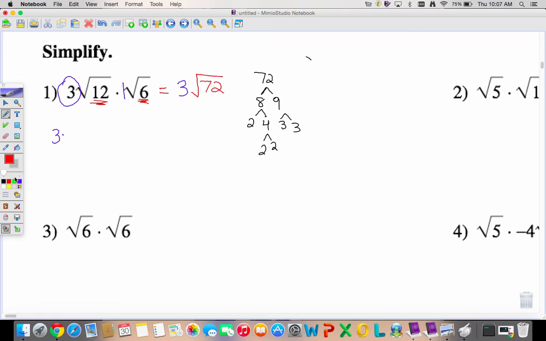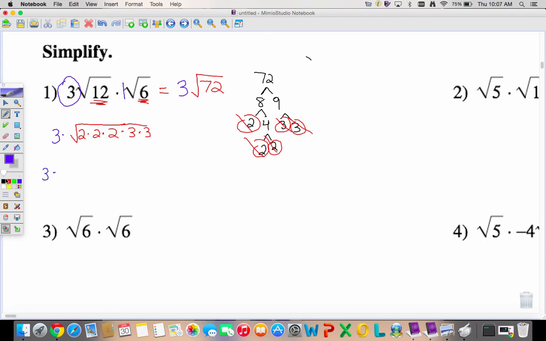And now I'm going to go ahead and do my square root part. So we have the square root of, I have 1, 2, 3 2's, and I have 2 3's. Okay, I'm going to just bring this 3 down again.